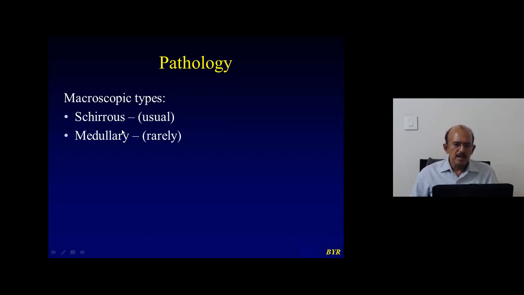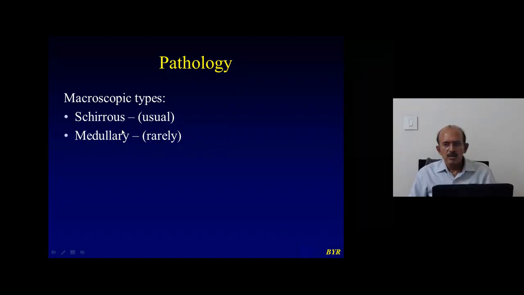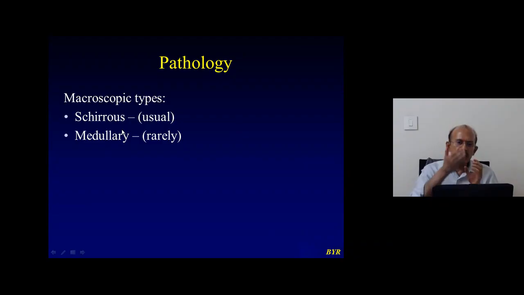So when do you say a tumor is Scirrhous? Dense fibrosis. So whenever a tumor is having very thick fibrous tissue inside it, it will be very hard in consistency. When you try to cut it, it grates on cutting.